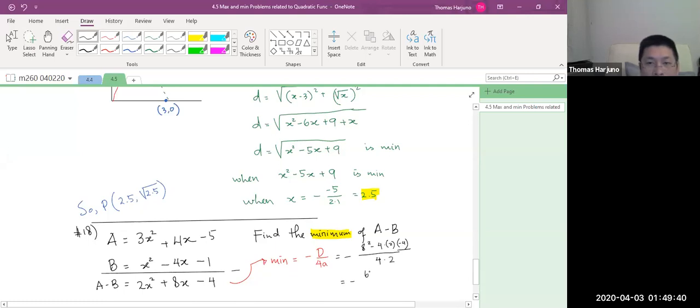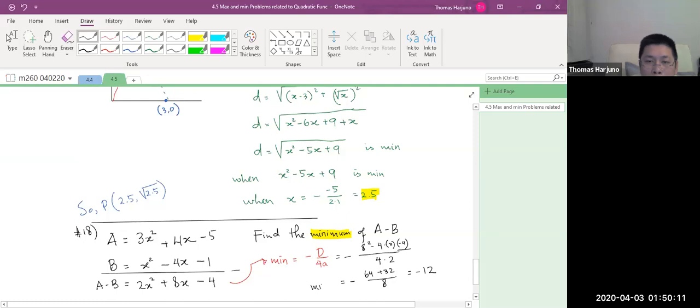That's 64 plus 32 over 8. Am I right? Yes, so that's negative of 8 plus 4, negative 12. So the minimum value of this parabola is negative 12. I mean, whatever x you plug in, the smallest value of a minus b you can get is negative 12.